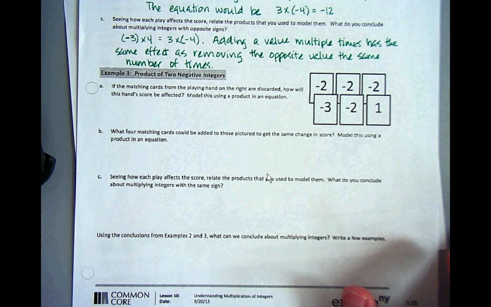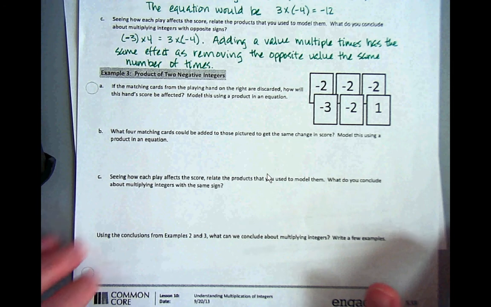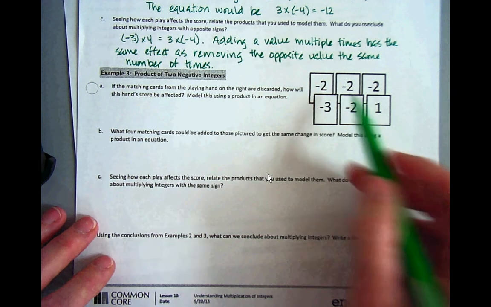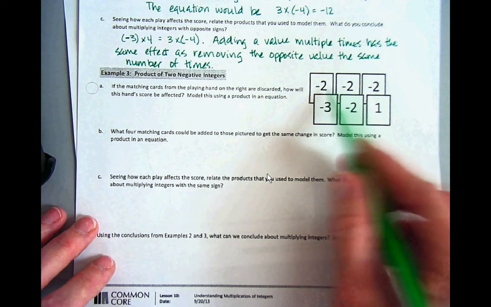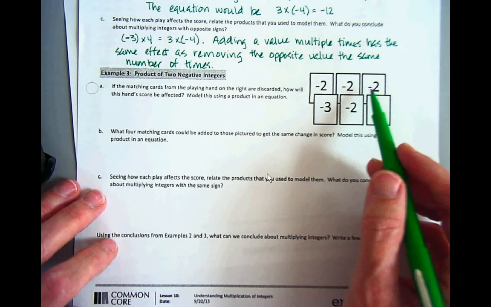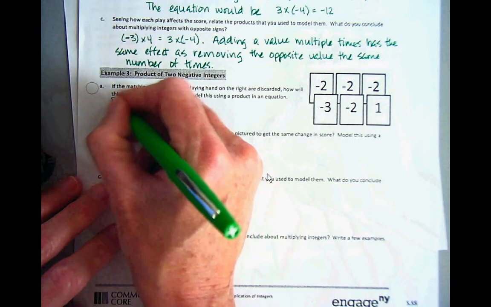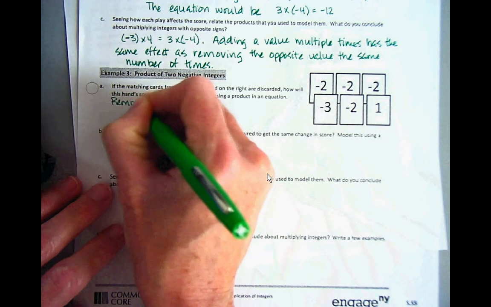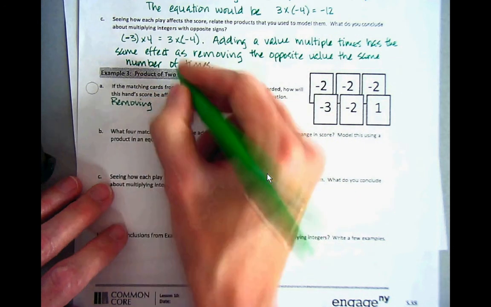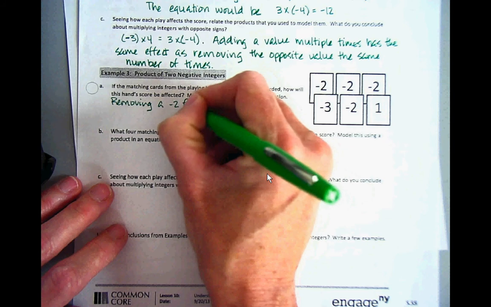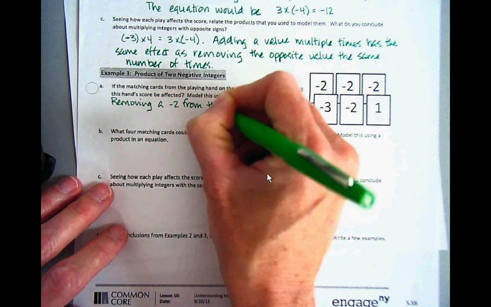Model this using a product in an equation. So if we take away the 4 sets of -2, how are we going to show that? So we're going to be removing a -2 from the set of cards.